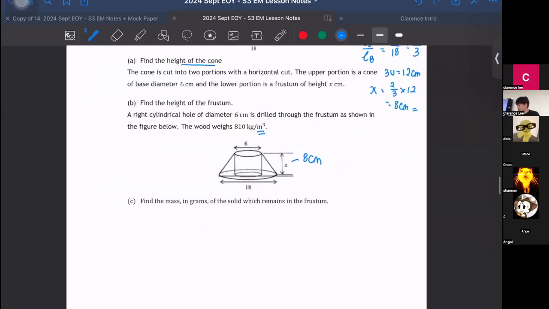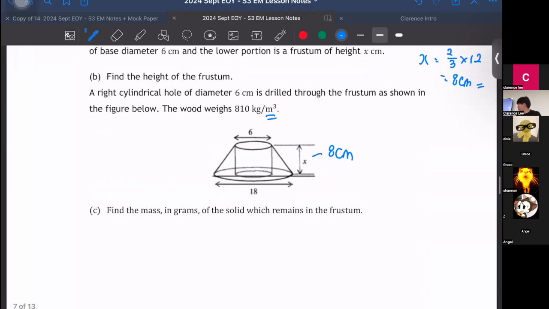So first thing first, you must find the mass of the solid which remains in the frustum. You are removing this cylinder away from the frustum. So what do you need to find? You must find my volume of my frustum minus away my volume of my cylinder. So let's do the easy one first, the volume of the cylinder. Volume of cylinder is given to be pi r square h.